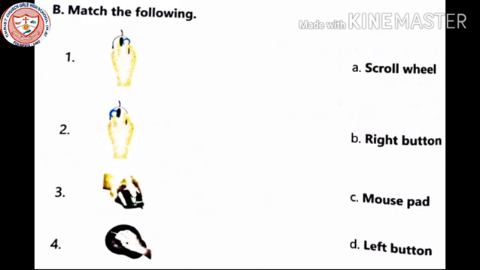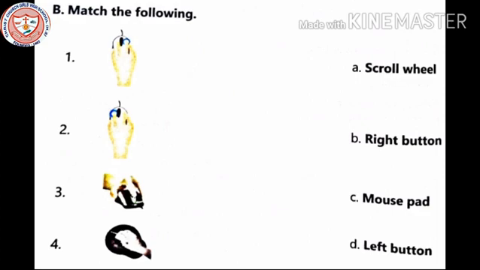Number B. Match the following. So now you all know that you are no more a kid, you are a grown-up child. So you can just write down the correct numbers in front of the correct answer.